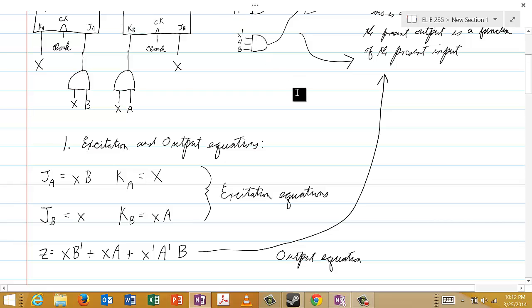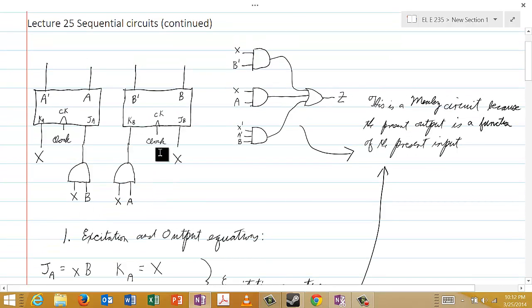Now, there's one more issue to discuss very briefly before we continue. If these JK flip-flops are positive edge triggered, then we have learned that that means that the values of A and A prime and B and B prime can only change immediately after the positive edge of a clock signal. Now we come over here and look at the diagram for Z, the output, and we see that it depends on A and A prime and B and B prime.